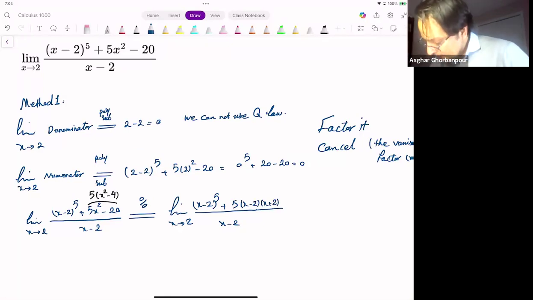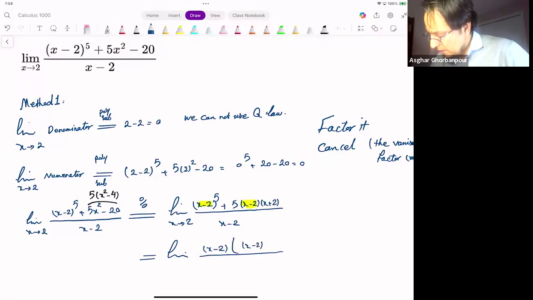Now I can factor that out because each term has the factor x minus 2, so I can factor out x minus 2. I get (x minus 2) to the power 4 plus 5 times (x plus 2).